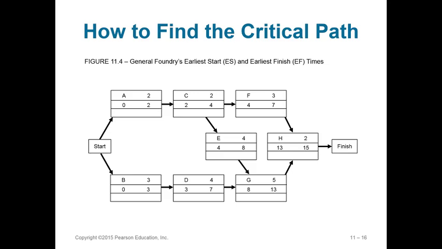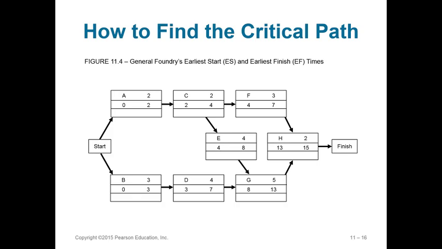You'll notice that, say, A is a 2-week activity, and it starts when the whole project starts, and it has its earliest finish as being the second week. And B does the same thing. It is 3 weeks long, and its earliest start is 0, so that it would end at 3 weeks.